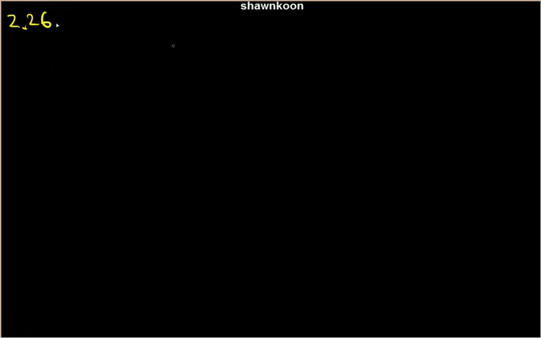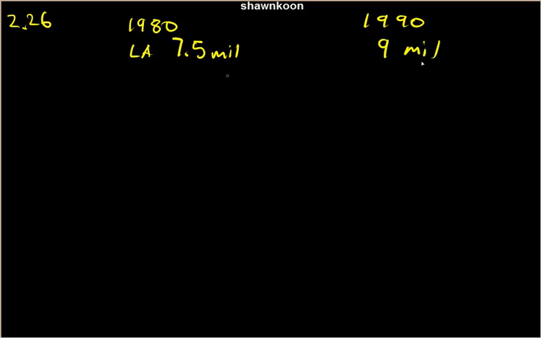2.26. So in 1980, the population in LA was how much? 7.5 million, right? And in 1990, how much was the population? It was 9 million. So as you can see, during this 10-year term, almost 1.5 million people have been added.